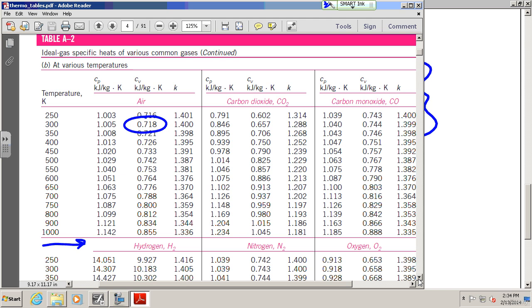Let's use this value, 0.834. It's halfway. That's probably a good average value for C sub V between 300K and 1500K. I'm glad it's on my table.